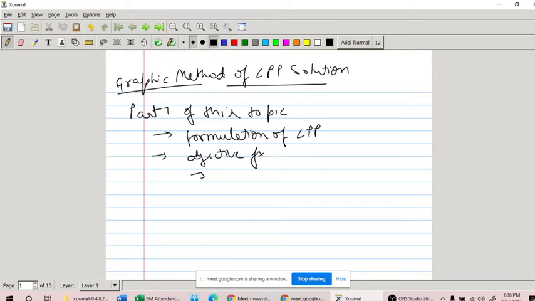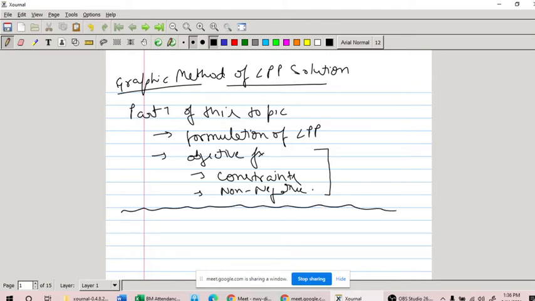We talked about some constraints. We talked about non-negative constraints. So this was all about in part 1.